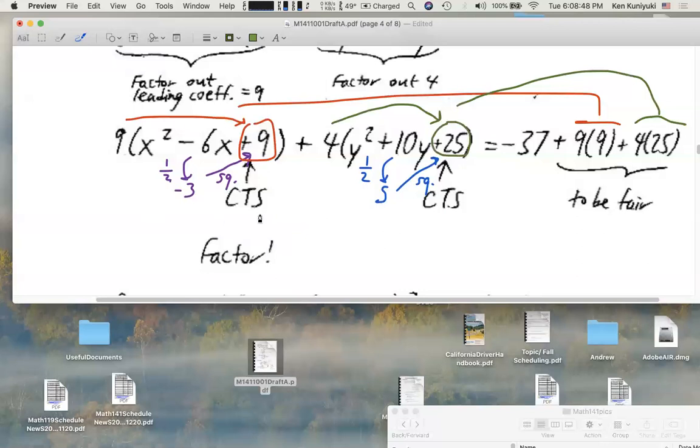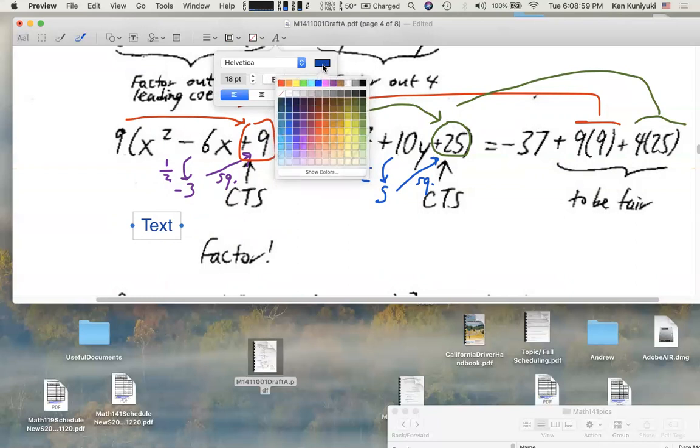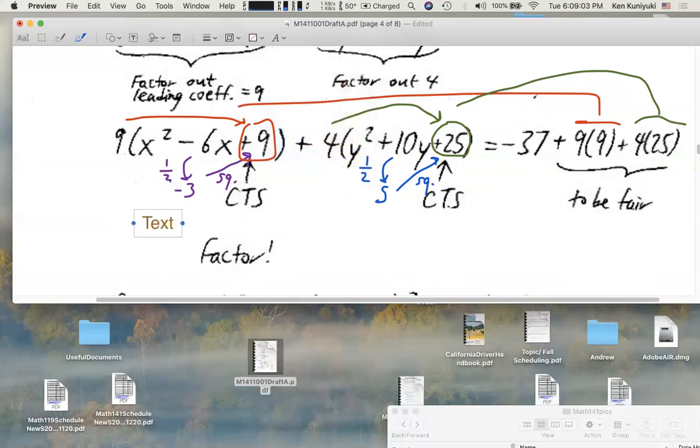Now factor these, because bear in mind, when we apply CTS, we're developing these as PSTs. We're creating perfect square trinomials. Perfect square trinomial over here inside parentheses. Also, perfect square trinomial over here in parentheses. Now factor the PSTs, the perfect square trinomials, as squares of binomials.